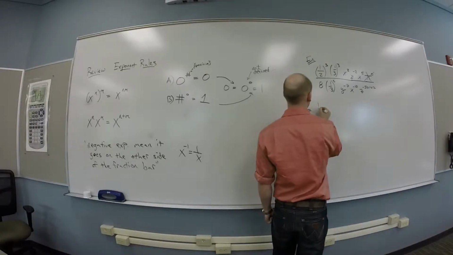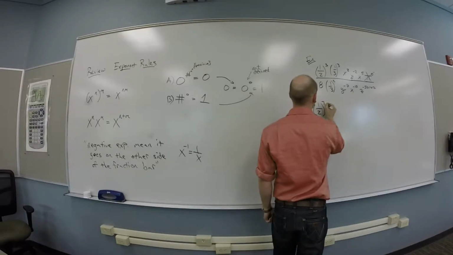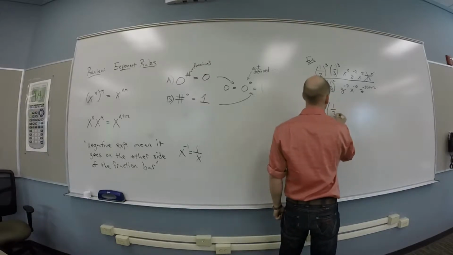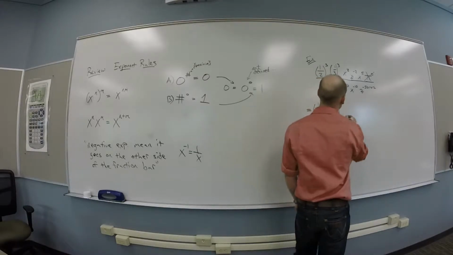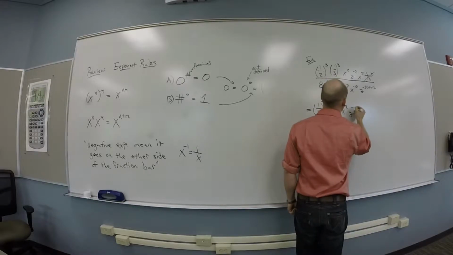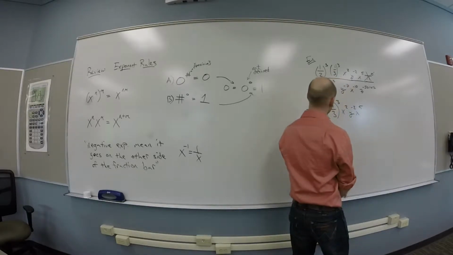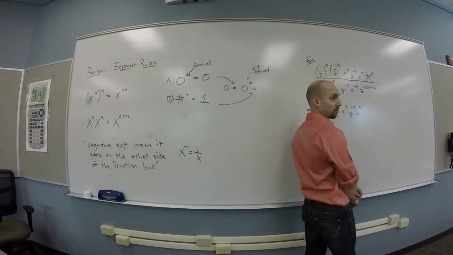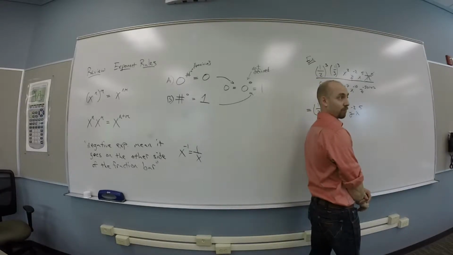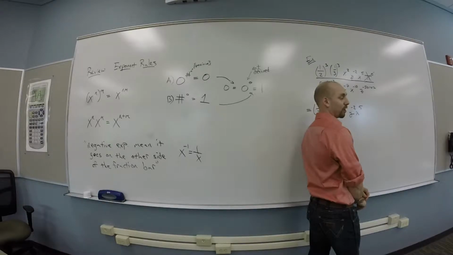Okay, so I've got a half cubed, a third cubed, x squared, y to the minus 2, x to the 5th, and then what else? You have -8. Oh, it's an exponent, by the way.